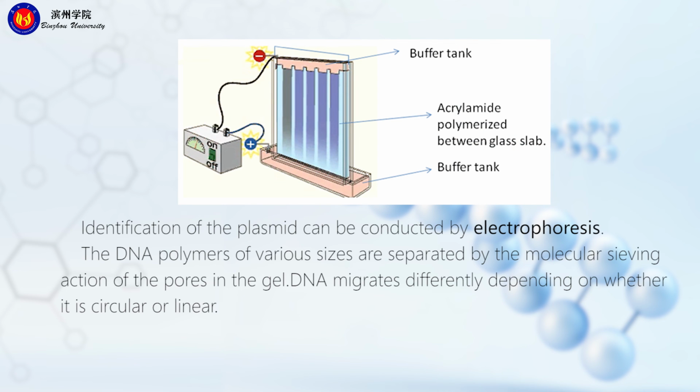Identification of the plasmid can be conducted by electrophoresis. The DNA polymers of various sizes are separated by the molecular sieving action of the pores in the gel. DNA migrates differently depending on whether it is circular or linear.